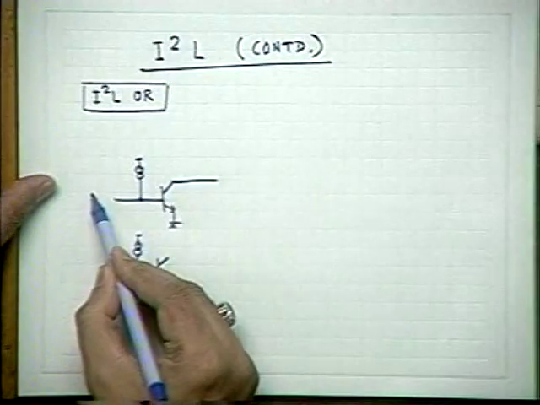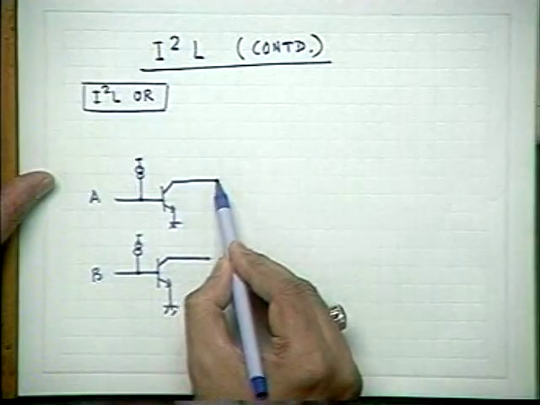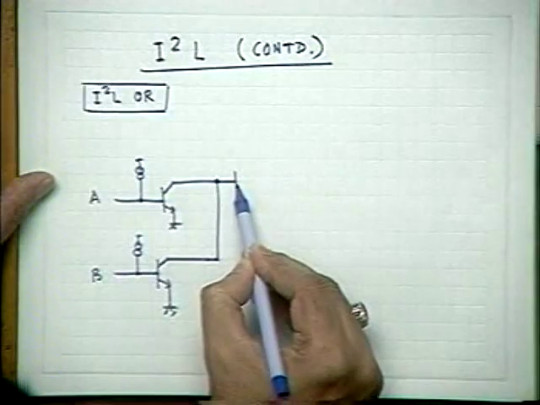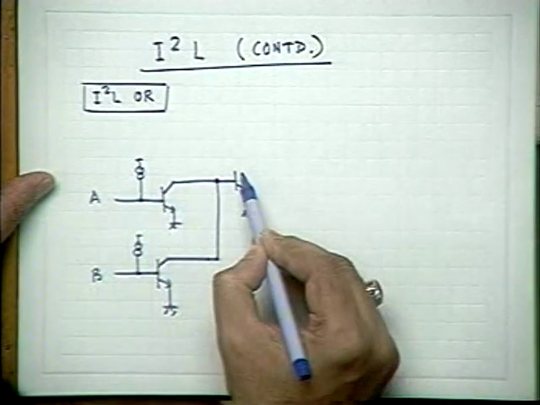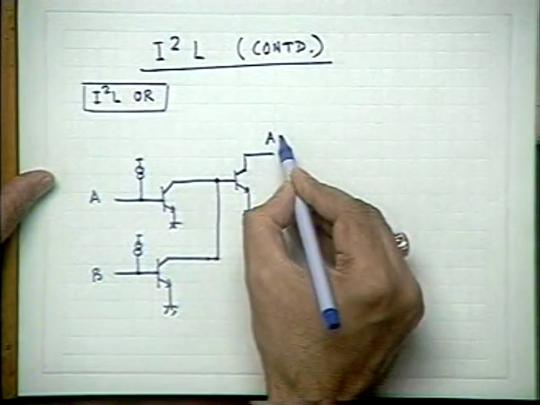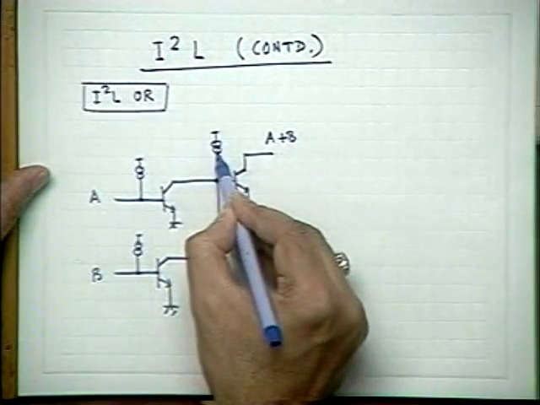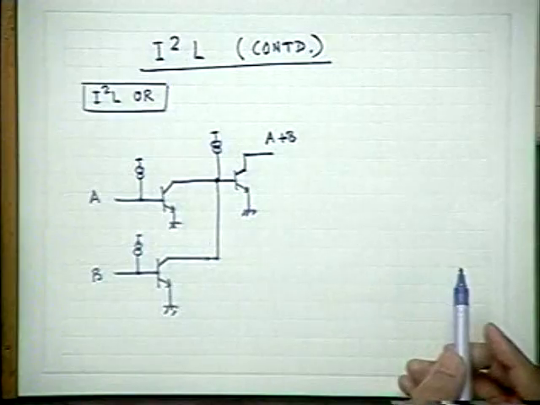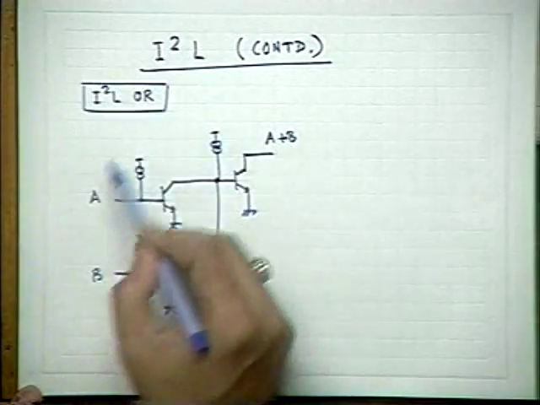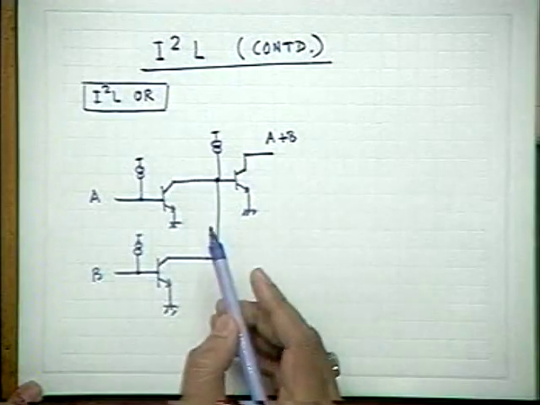This is very important. So what I have done, by wiring the output, I have made a NOR function, and then I have passed it through an inverter to produce the OR function. It can be viewed both ways.